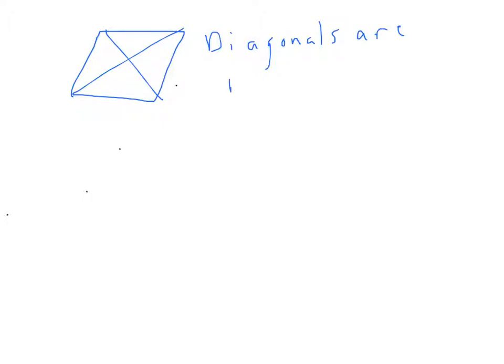And remember, perpendicular just means that they make a right angle. So all these guys in here would be right angles. Okay, so diagonals of a rhombus are perpendicular.